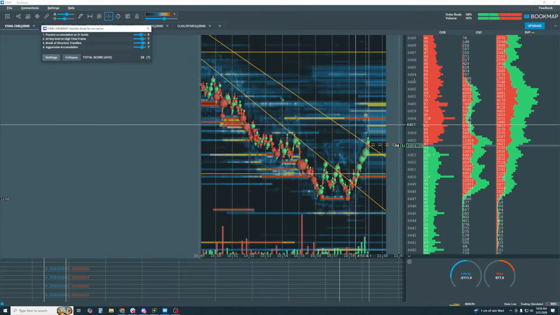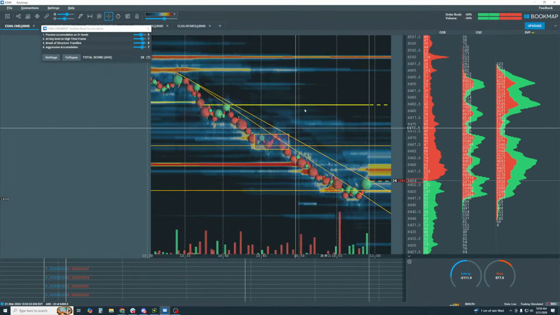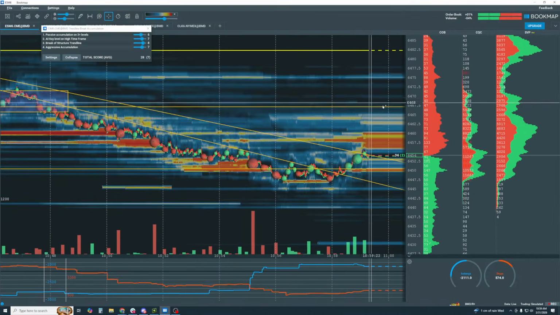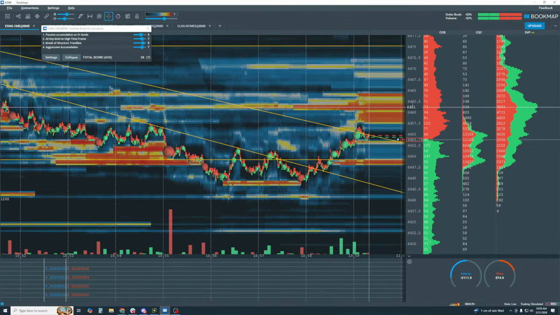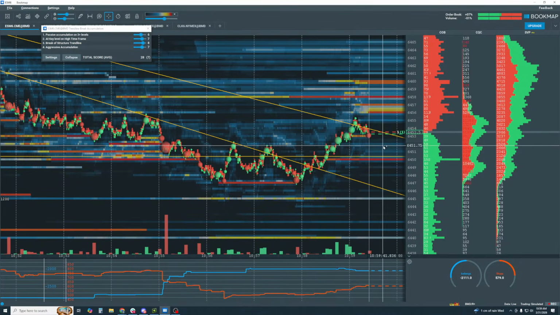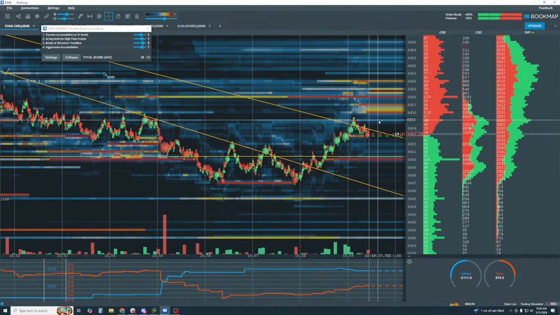So yeah, let's see if we can maybe get a. Now we're trading onto this higher time frame trend line that we drew up here. Okay, so maybe a bit of a pullback right now. Okay, and then let's see if we can look for those aggressors to come back in.